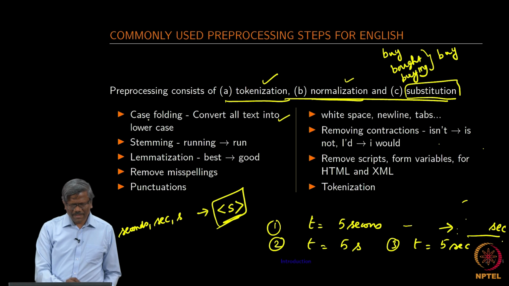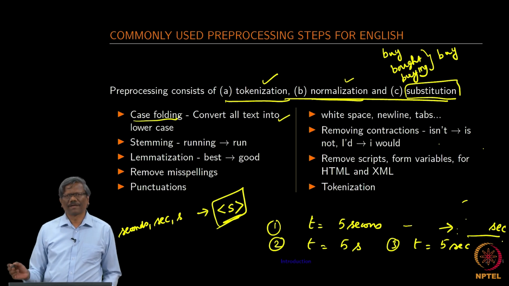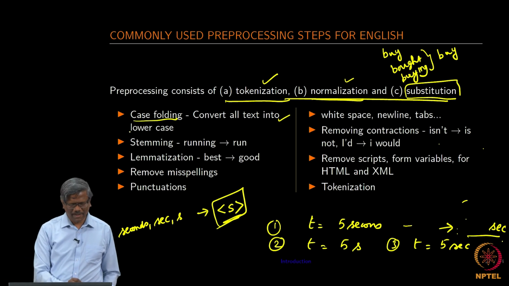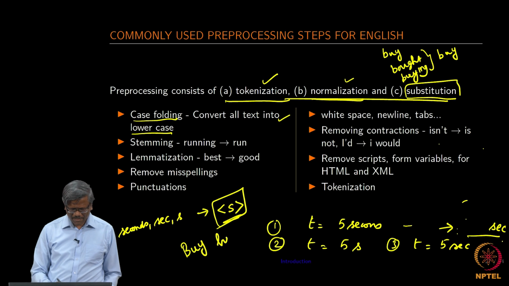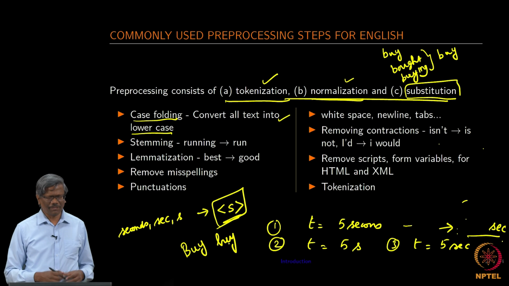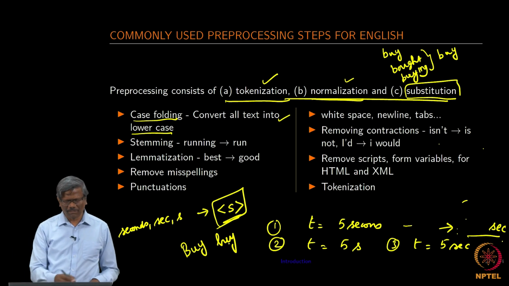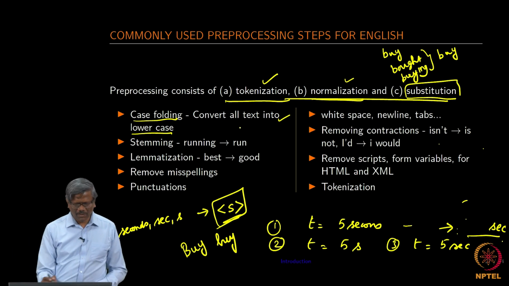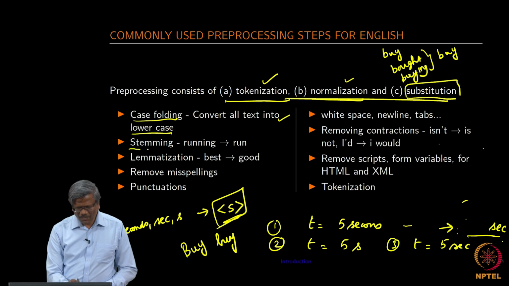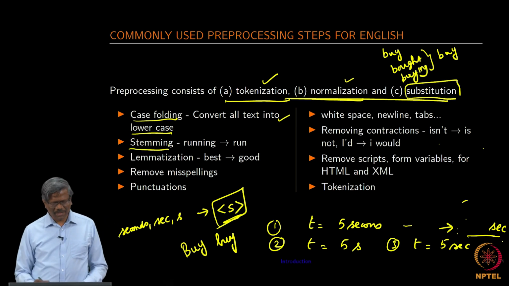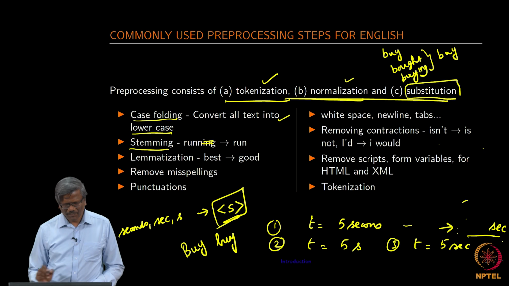So, we would be using something called case folding, where we convert all text into lower case. So, we do not want to be distinguishing this and this as 2 different words, okay, if you do the comparison. So, we want to convert all the text into lower case, and then we want to do the stemming part. Stemming is nothing but taking off these suffixes.